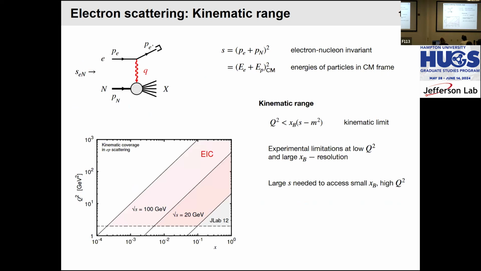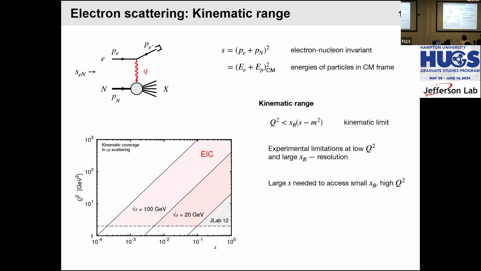All right, so let's talk about the kinematic range of variables that is accessible in scattering experiments at a given incident energy. So now we have to look at how much energy actually is provided by the initial state of the system, so the electron and neutron in the initial state.